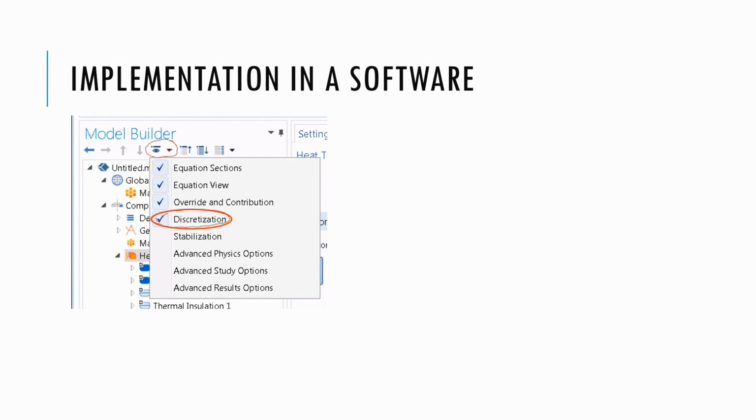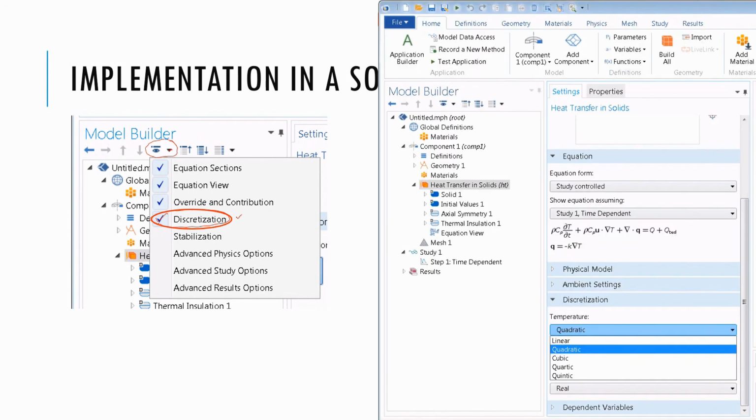Once we have checked this one, then in the model builder for the particular physics, which happens to be heat transfer in this case, if you go to discretization, which is below equation, physical model, ambient settings and all of that, you notice that quadratic is selected.